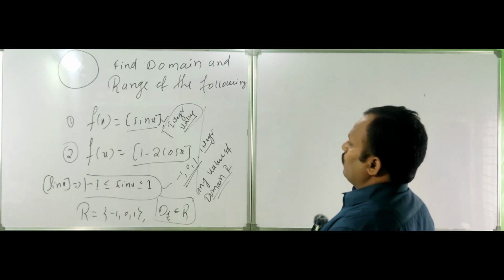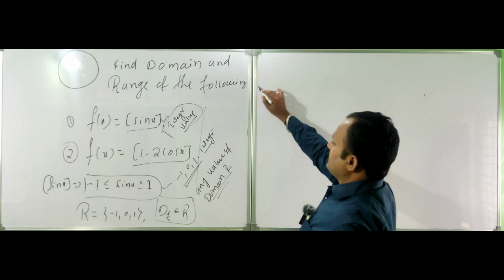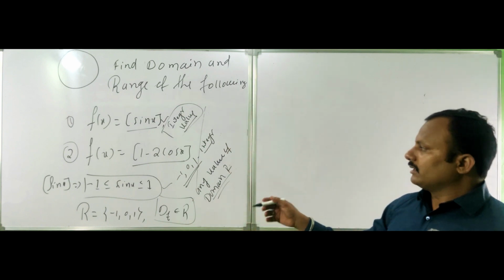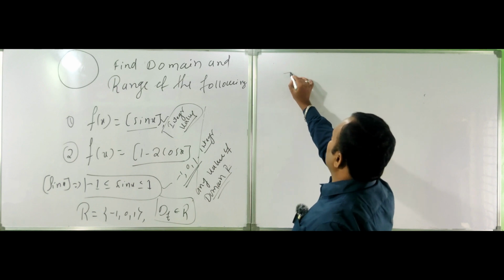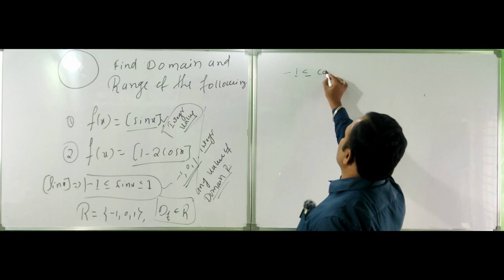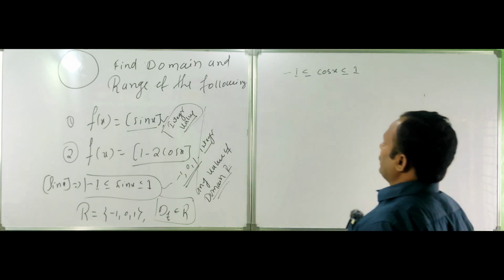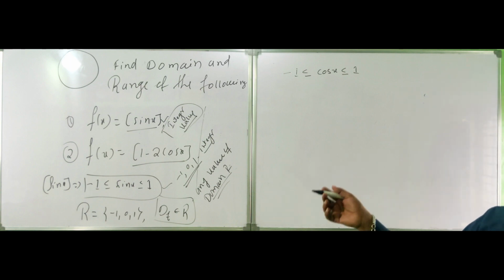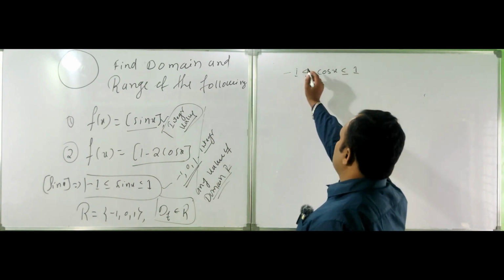Next one is 1 minus 2 cos x. I am taking only cos x first, to see how I will derive 1 minus 2 cos x. Our condition is minus 1 is less than or equal to cos x, less than or equal to plus 1. By doing mathematical operations, I will derive it.